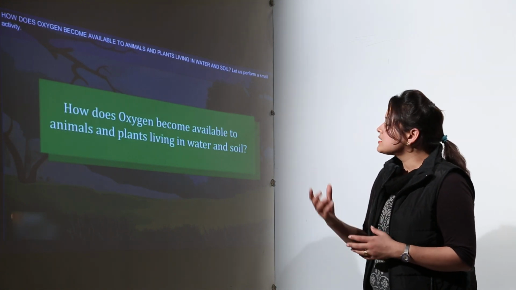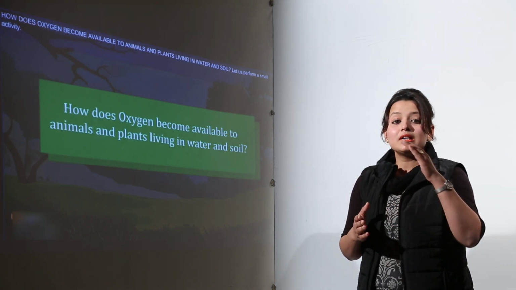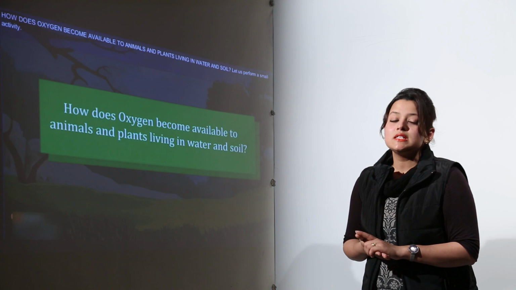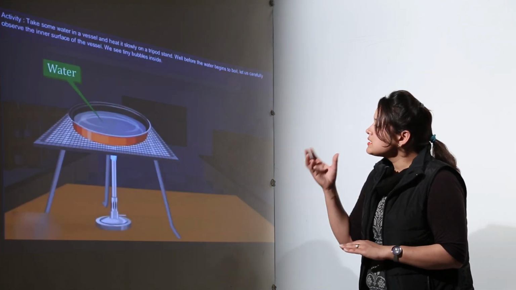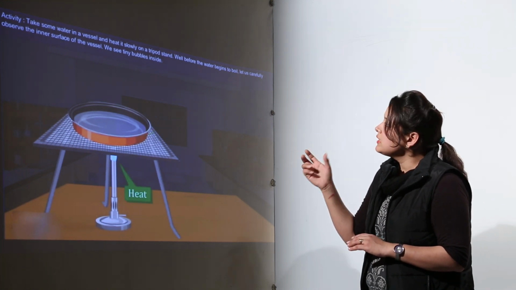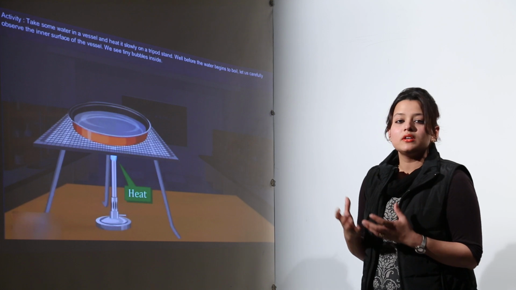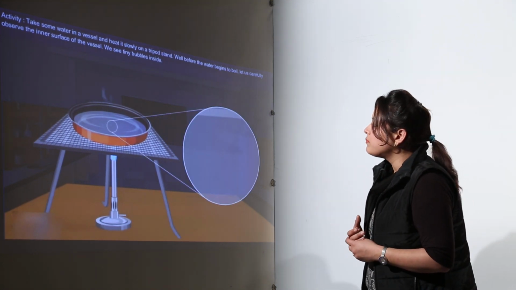Now we will look at oxygen availability to animals and plants that live below the sea level, or you can say in the water. We will do that with the help of an activity. Here in this activity we have taken water in this vessel and we are heating it on a tripod stand.